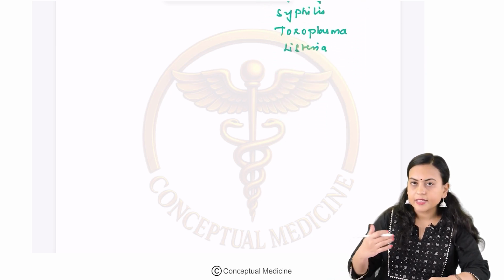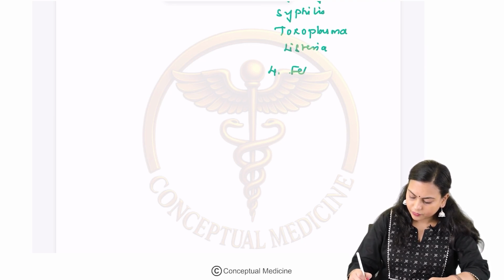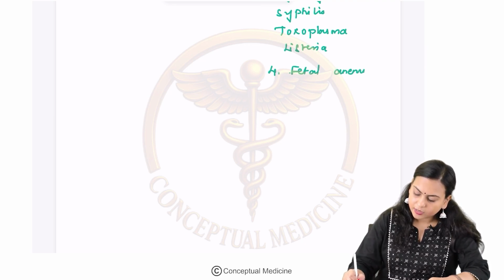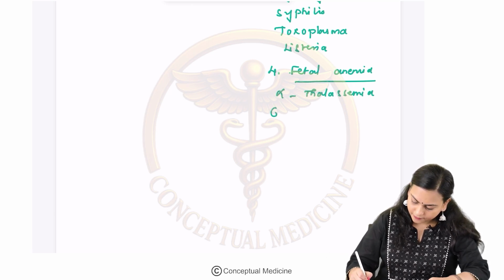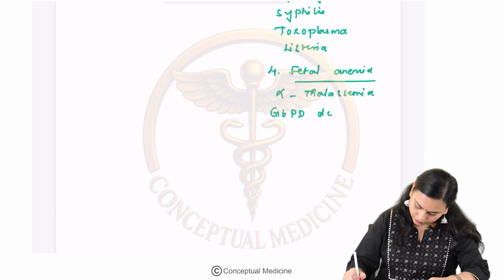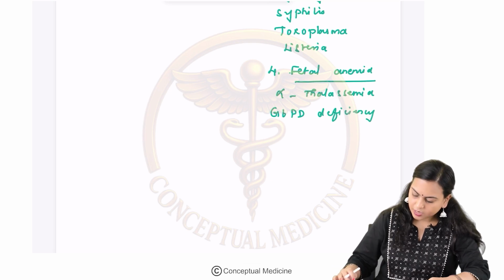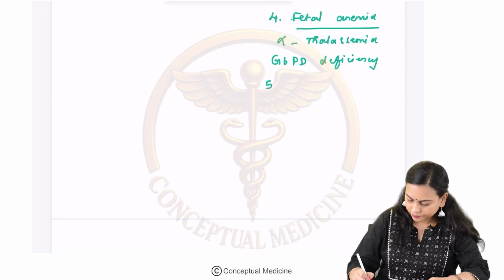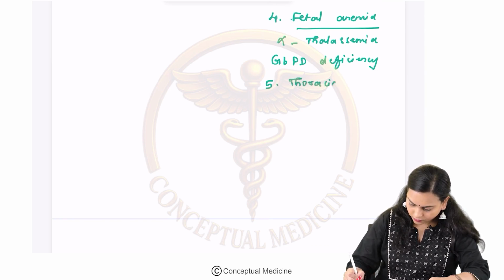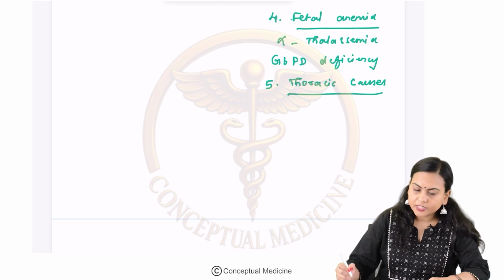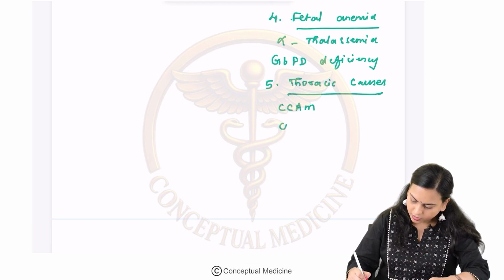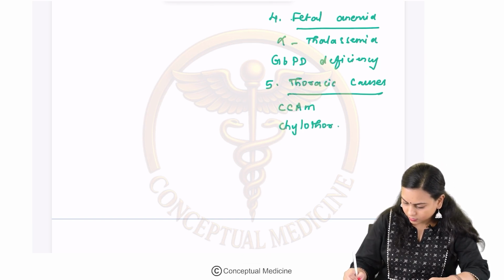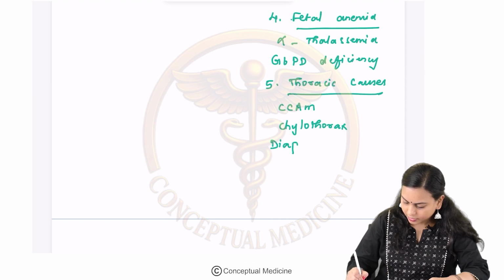Okay, and there are cases where fetal anemia can occur, like thalassemia, especially alpha thalassemia, G6PD deficiency, and some of the thoracic causes like congenital cystadenoid malformation, chylothorax, and diaphragmatic hernia.